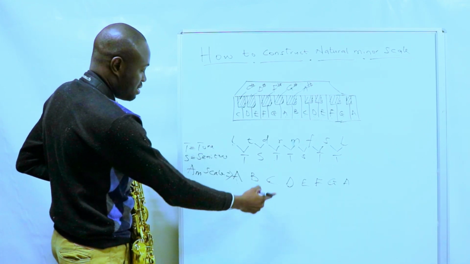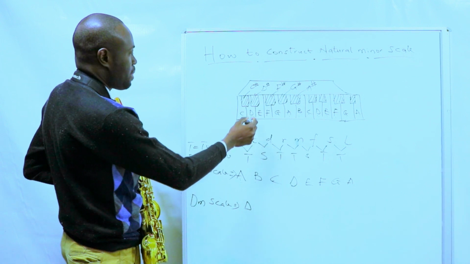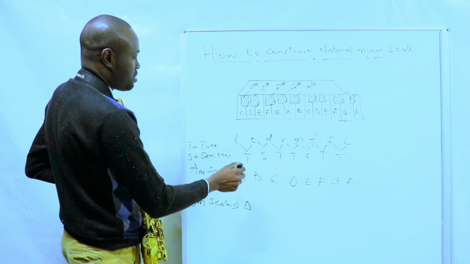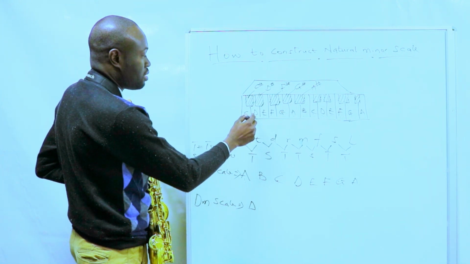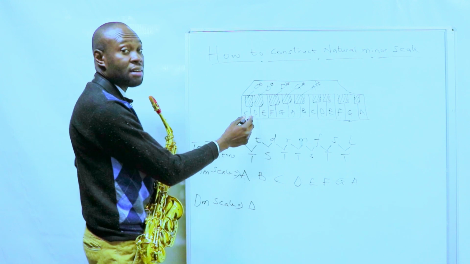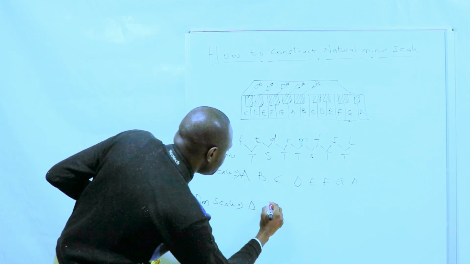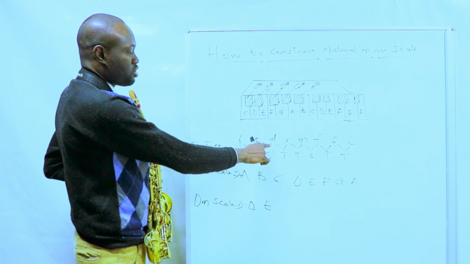Then we need the Ti. Our Ti is going to be E, since the distance between La and Ti is a tone, and we need the note that gives us a tone distance after D. That's going to be E. D, E. Okay. Our next note is going to be Do.